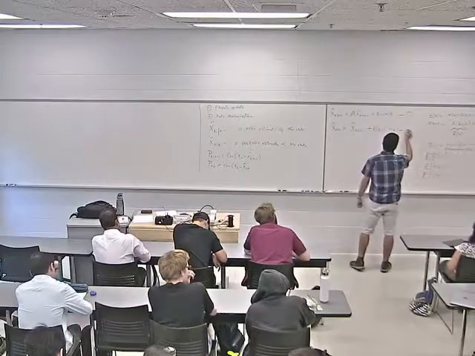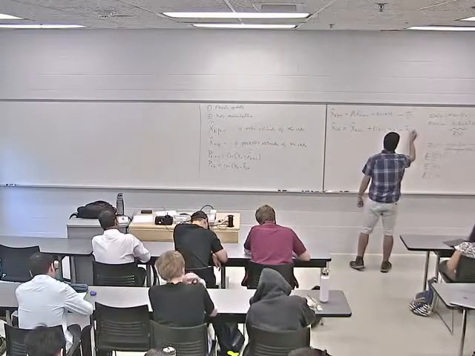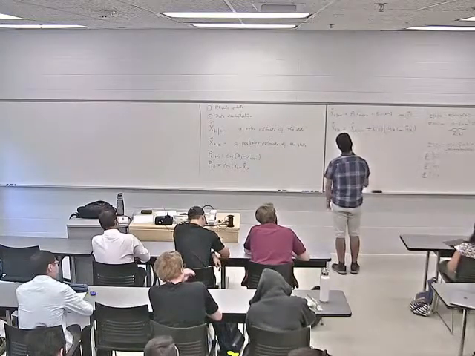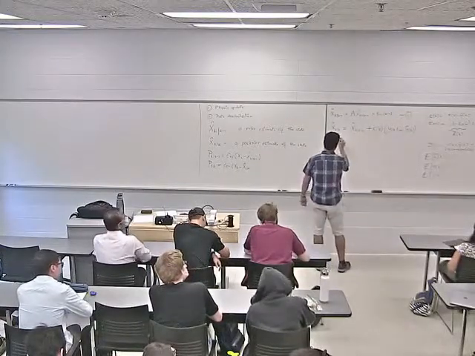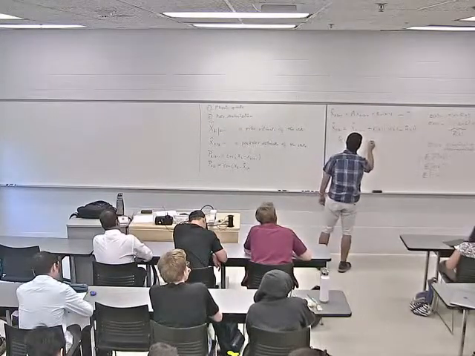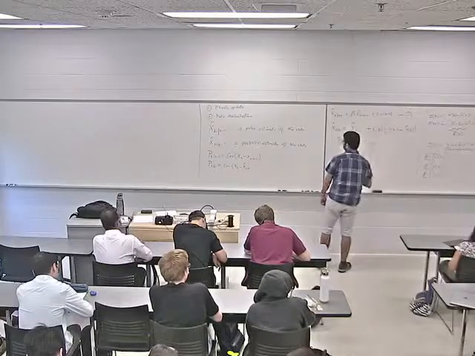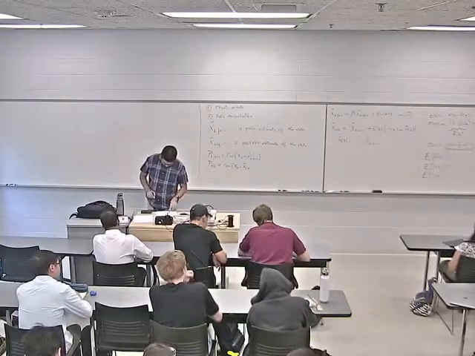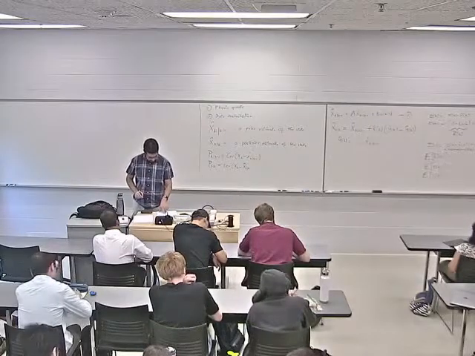And I think it's going to be y hat of k, where y hat of k is equal to just this guy, x hat of k given k minus 1. Yep, that is correct.